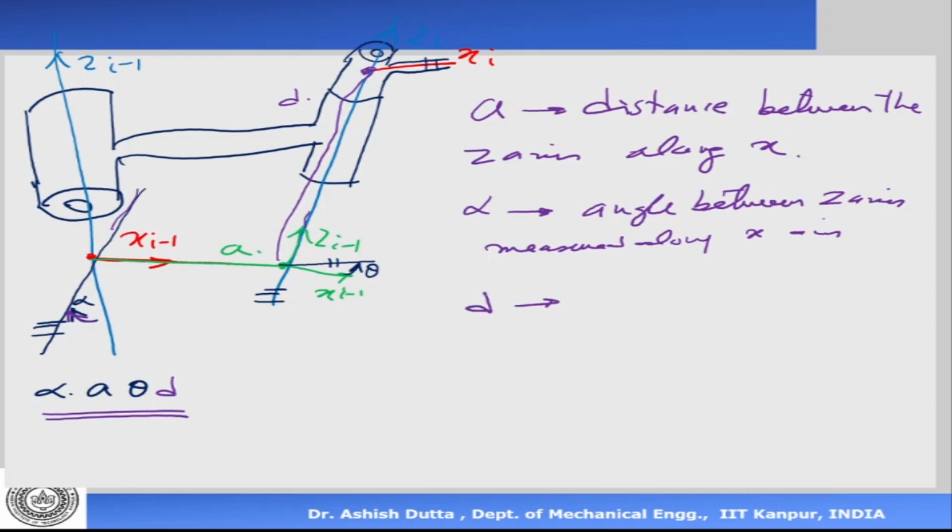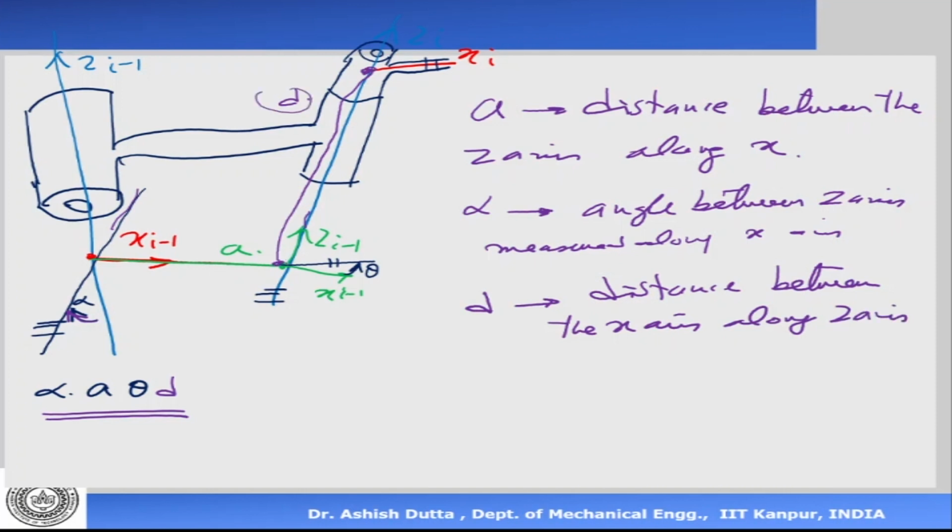So d is the distance between the x-axes along the z-axis. So this is the distance d. So we are measuring the distance from here to here as d. One x is here, that's the other x.